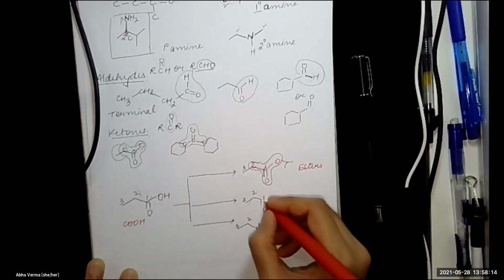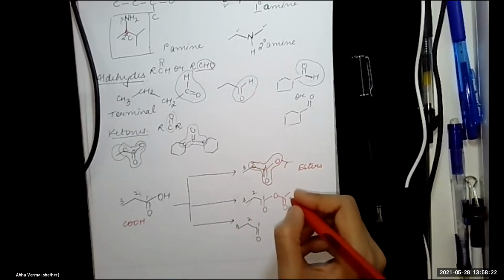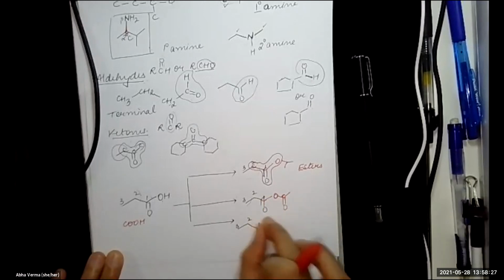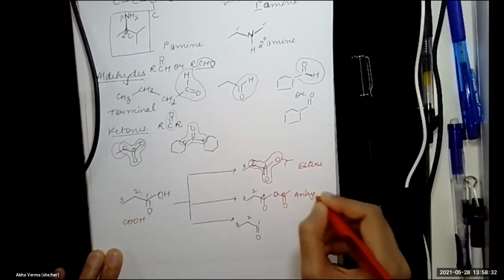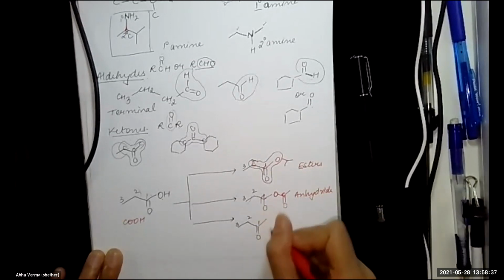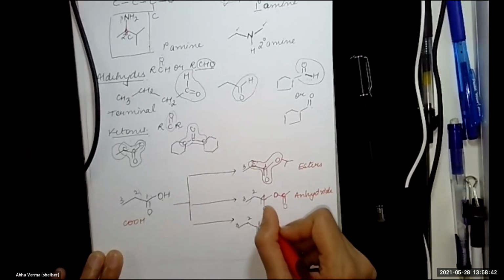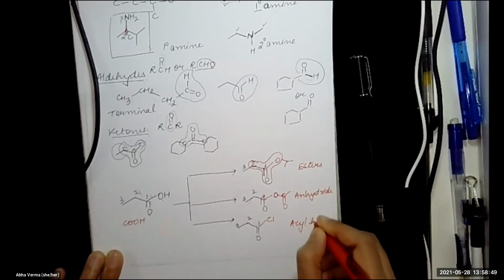If instead I have a group like this, a carbonyl, oxygen, and another carbonyl, so between two carbonyls I have an oxygen, this is known as an anhydride. And instead of all this, if I just have an RCOX, let me just write L, this will be an acyl halide.